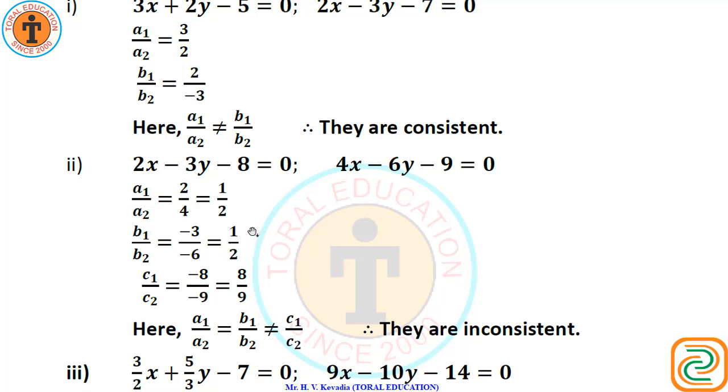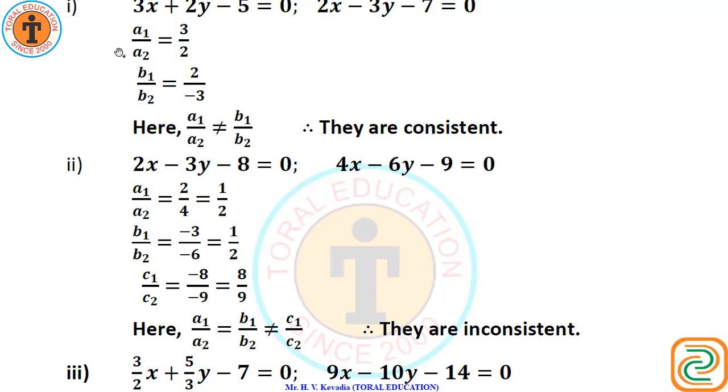b1/b2 is minus 3 upon minus 6, so 1/2, and c1/c2 is minus 8 upon minus 9, that is 8/9. If a1/a2 and b1/b2 are equal, then we have to take c1/c2. Otherwise there is no need of taking c1/c2.